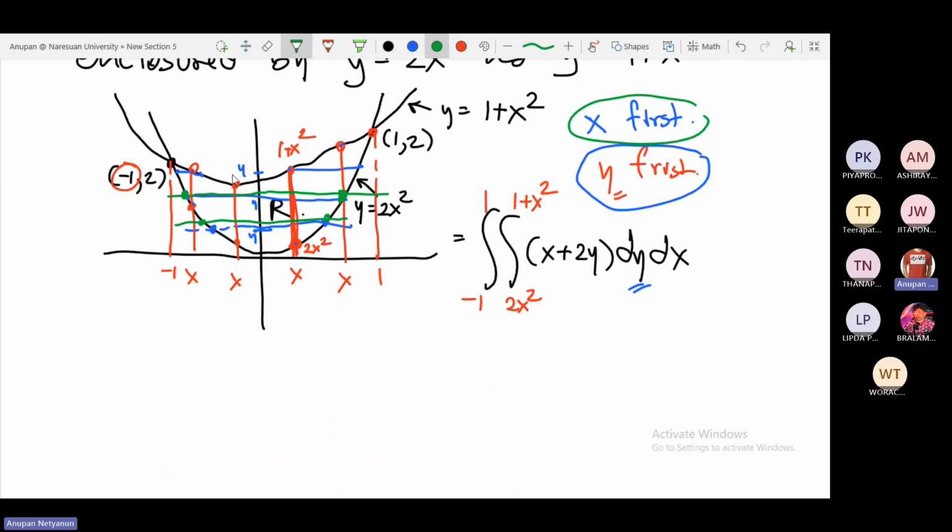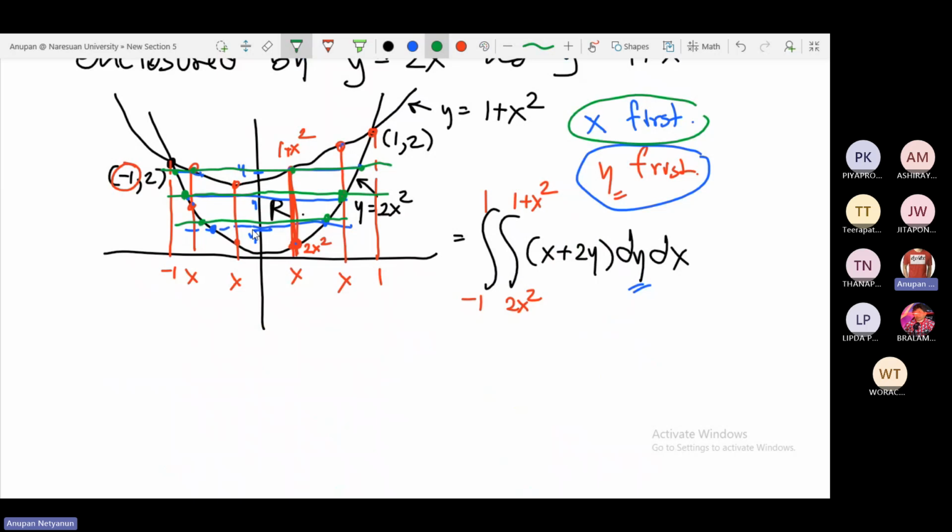But if you look at this particular constant y, it intersects the region at this point, this point, this point, and this point. See, it's not the same pattern as the lower y. Since they are not the same pattern, you cannot do the integration at once, so you have to separate into smaller regions.